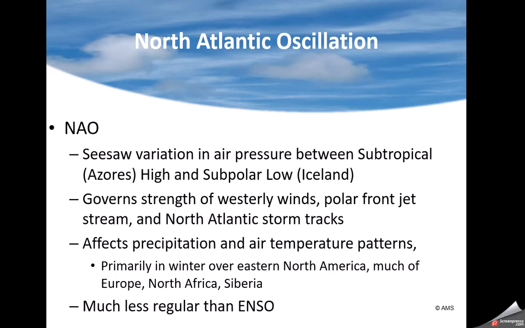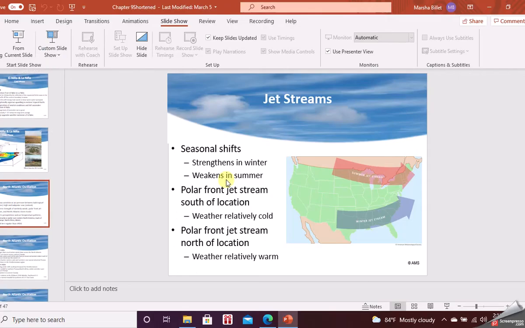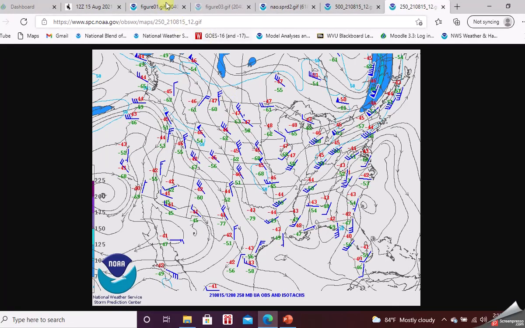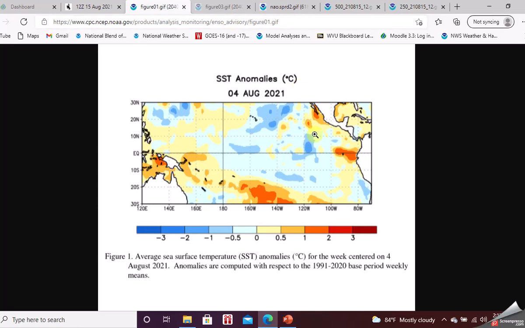So again, I want to take a look at something here with this. We'll just take a quick peek at La Nina right now. And hopefully it will come up. Here we go. All right, we are heading into La Nina right now. So we're heading into a cold phase.